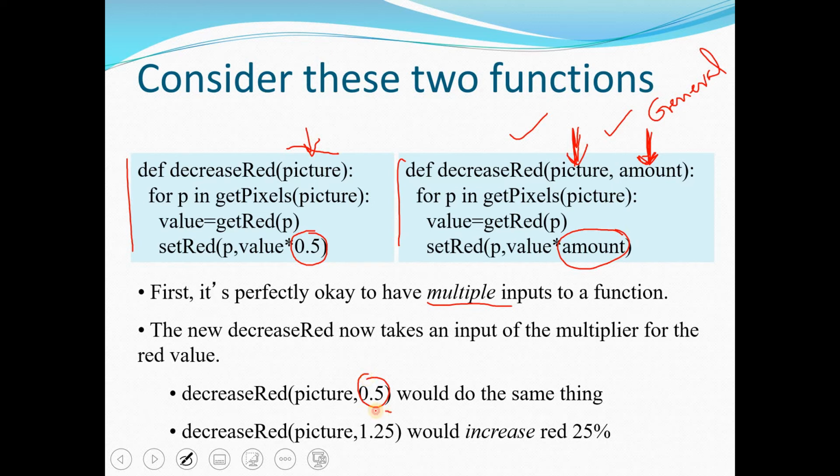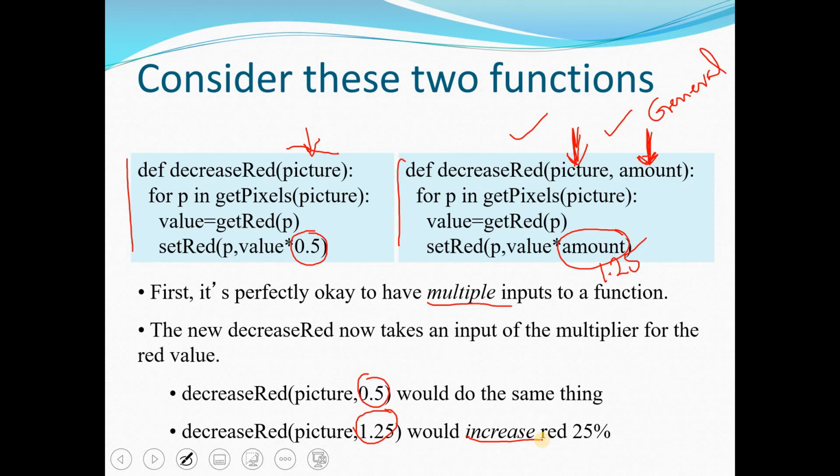You can increase the red color also if you multiply by a value greater than 1. You provide a value as input greater than 1, 1.25. When it multiplies with the pixel, it will increase its color. So this will increase. Okay, so this function is more general and it is more capable as compared to the other one. This is the normal approach.